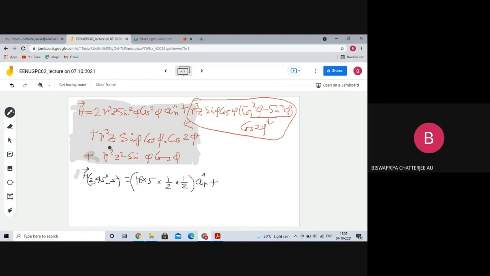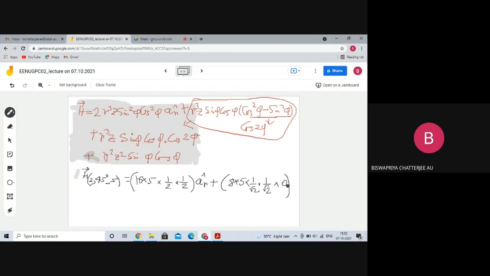Similarly for the next term, r cube z means 8 into 5. 8 into 5, sine phi cos phi, so it will be 1 by root 2, 1 by root 2, and cos 2 phi, that means cos 90, and you know cos 90 is 0.